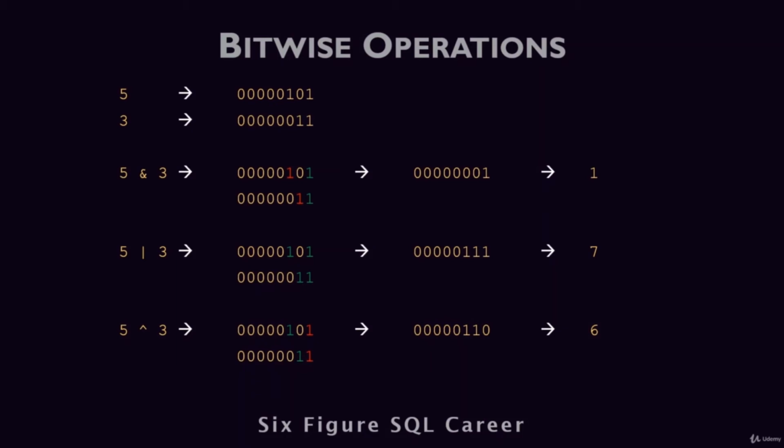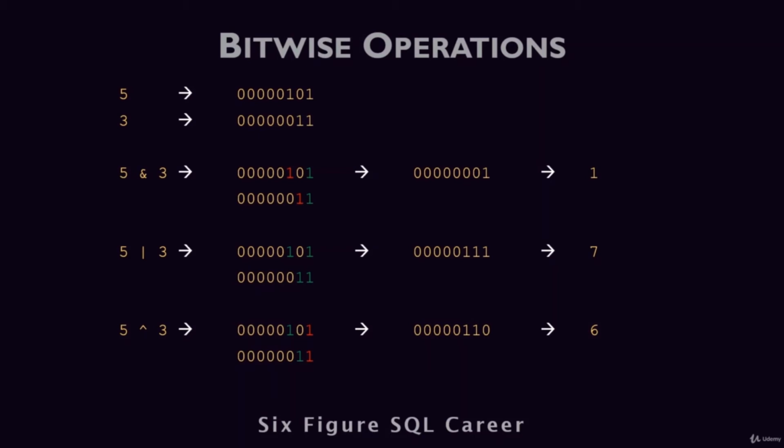My bitwise AND operator performs an AND operation against my binary digits. So 5 bitwise AND 3 actually returns a result of 1. The pipe operator, the vertical pipe, is a bitwise OR.